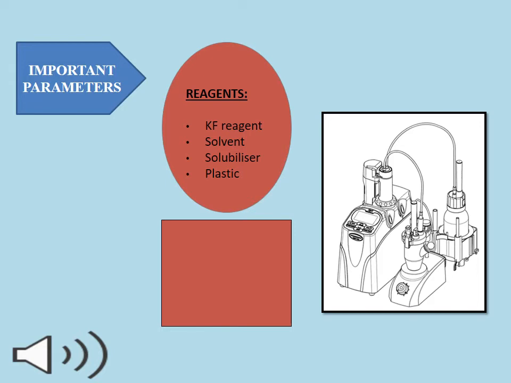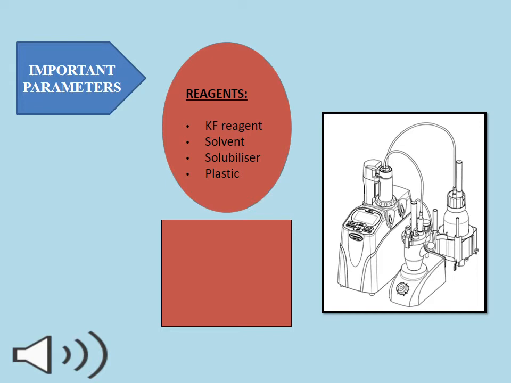Now we know that polymers are hardly or not at all soluble in the common KF solvents. So in order to extract the water trapped within the sample, that is the plastic, it must be dissolved or swollen by an appropriate solvent, so that the water present in that plastic is released through diffusion. This appropriate solvent basically depends upon the properties of the plastic.